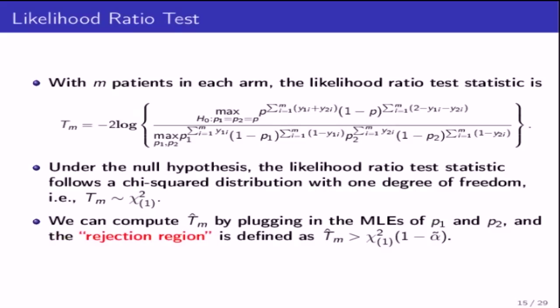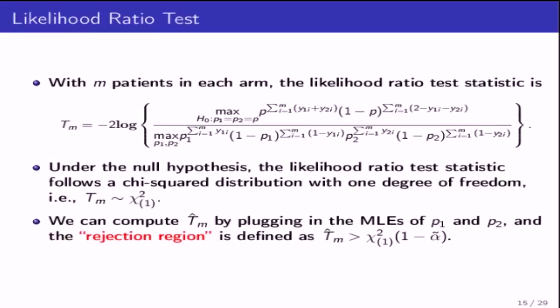To solve this problem, suppose we have n patients in each arm. Then we can construct a likelihood ratio test statistic, T_n, and this is a very standard likelihood ratio test statistic. Under the null hypothesis, it follows a chi-square distribution with 1 degree of freedom, and we can compute T-hat by plugging in the MLEs of P1 and P2, because P1 and P2 are unknown parameters.